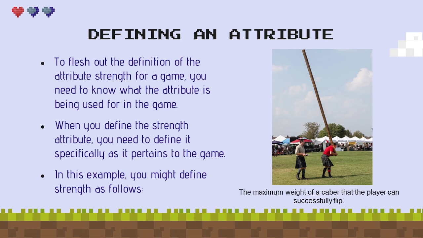Halimbawa, sabihin na natin, you could refer to strength as the maximum weight of a caber that the player can successfully flip. Okay. So, halimbawa, itong character na to, you assign it strength na sabihin na natin 75. Okay?